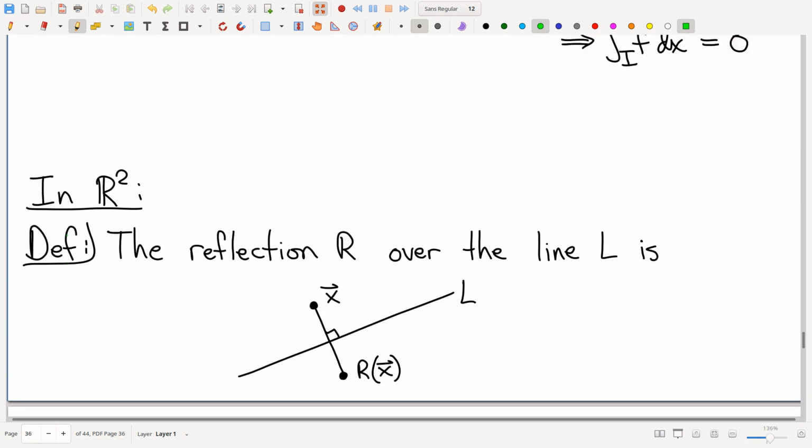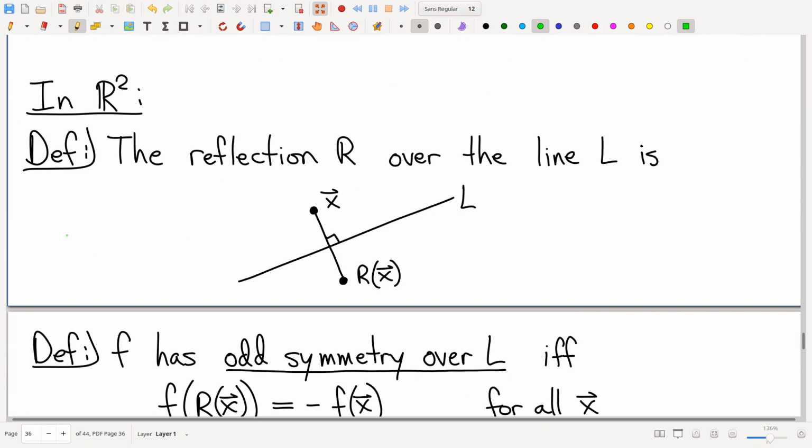In 2 dimensions there's more room to move. We've got 2 whole dimensions to play with, and you can reflect over various different lines. So a reflection through that line would be like so. Is everybody happy with that?